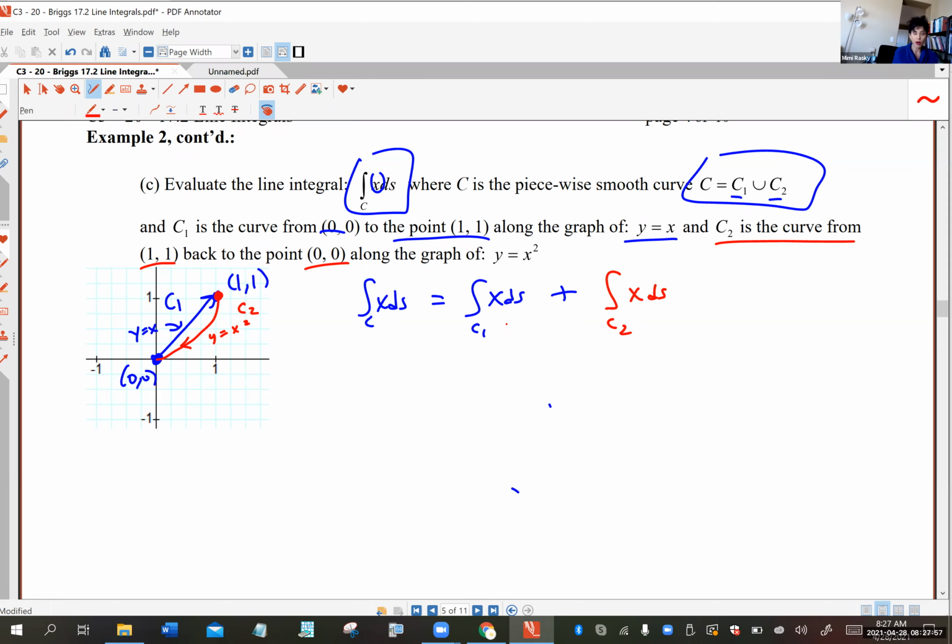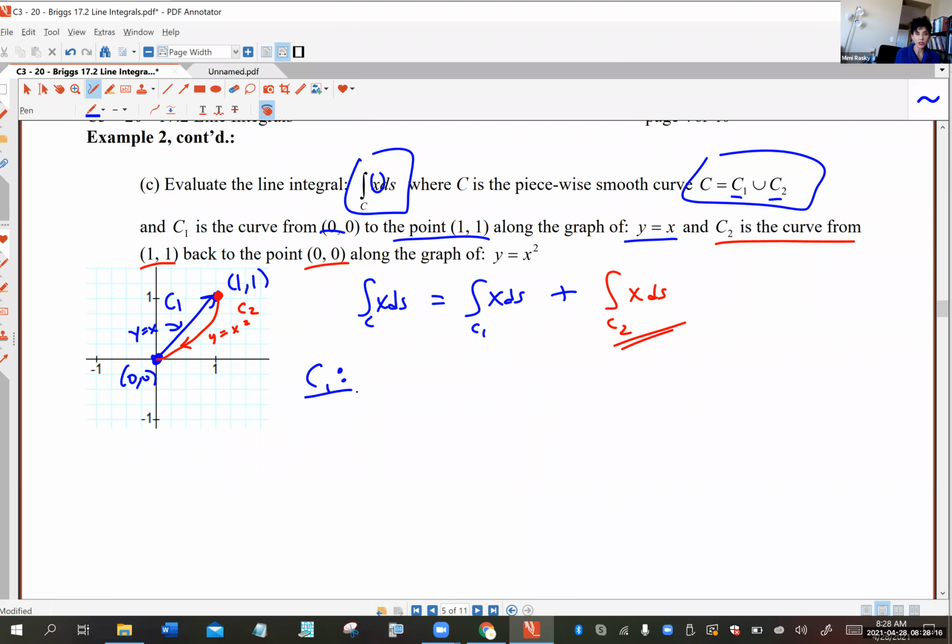The first one along the first curve, we'll get an answer. And then the second line integral along the second curve, and then we'll get another answer and we'll add the results. So I'll do this nice and slow. Yes, you're going to have this kind of stuff going on. It's going to happen. So let's do C1.